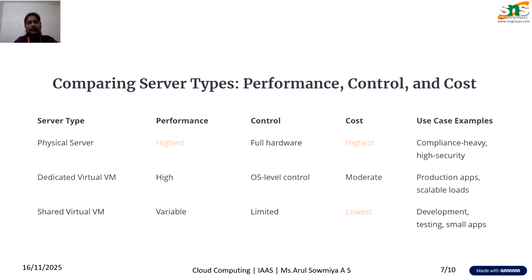For example, compliance heavy and high security. So the dedicated virtual machine, the performance is high, the OS level control is high, the cost is moderate, and the use is production apps, scalable workloads. The last one is shared virtual machines, where performance is variable, control is limited and cost is lowest.